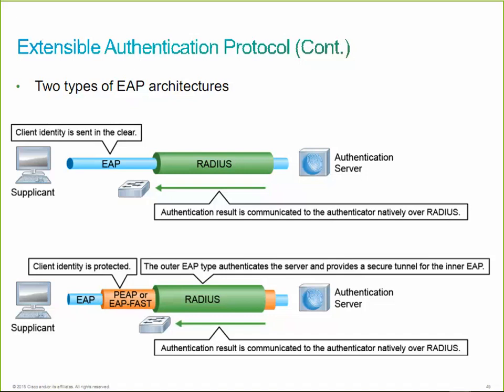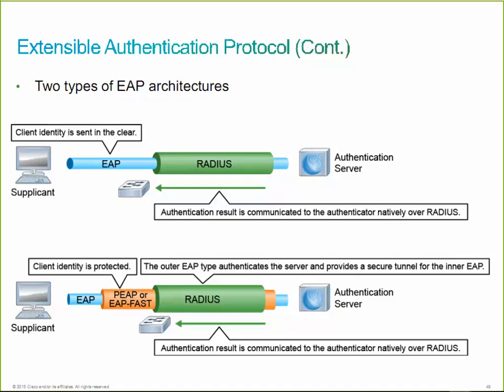It uses a challenge response authentication method using public key cryptography. It does server-side authentication, and it sends all of the credentials inside the PEAP tunnel. We would typically use this to tunnel other inner EAP variations, things like EAP MS-CHAPv2 or EAP-GTC.